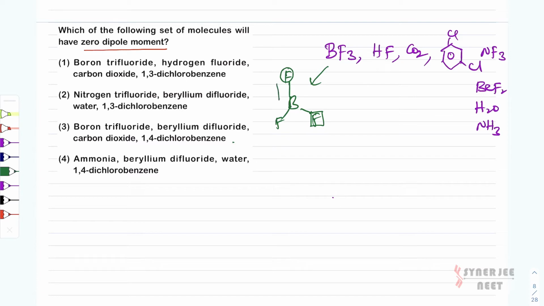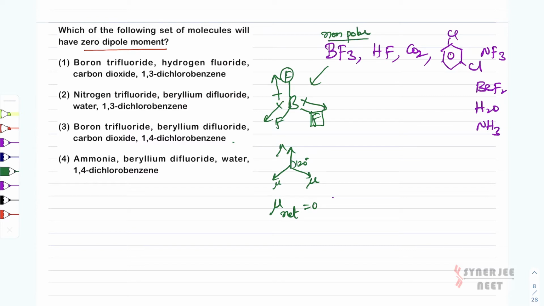That means the dipole moments here and here and here, these three vectors, and in physics also you must have learned, if three vectors are there with an angle of 120 degrees and all are the same in magnitude, then the net will be 0. So therefore BF3 is a non-polar molecule. In other words, net dipole moment is 0 for this one.